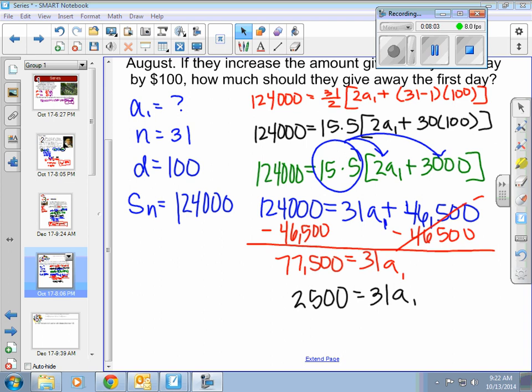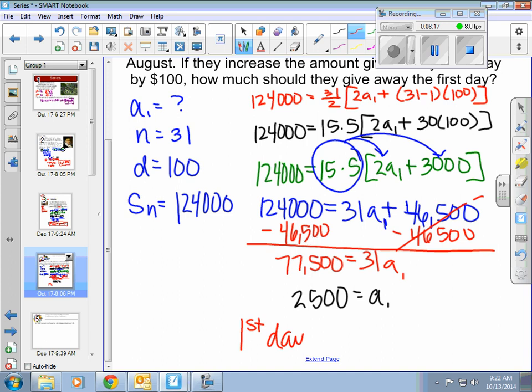So you plug all that in and do all the algebra, and you should get 2,500 is equal to a sub 1. So what this tells me is that on their first day, they gave away $2,500.